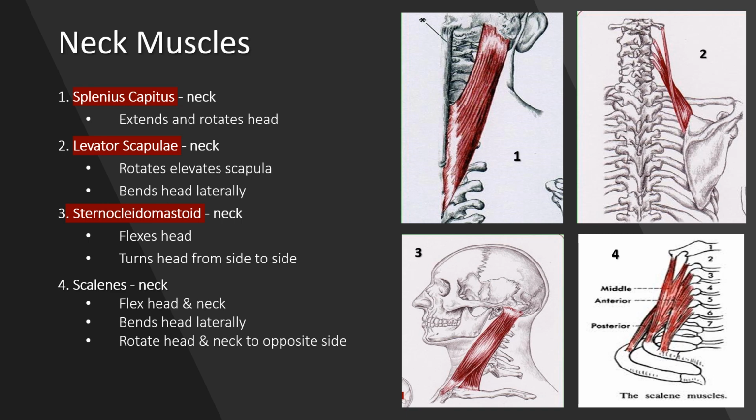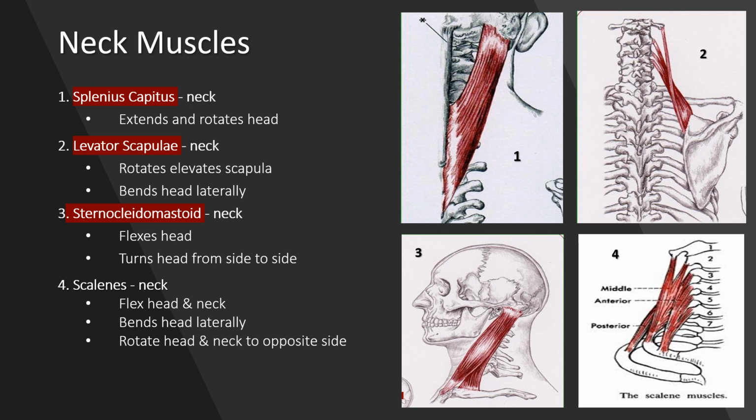Cleido is the Latin for your clavicle, so it also attaches onto your clavicle bone. And then mastoid is the mastoid process behind your ear. So the sternocleidomastoid attaches in 3 places: the sternum, the clavicle, and the mastoid bone behind the ear.